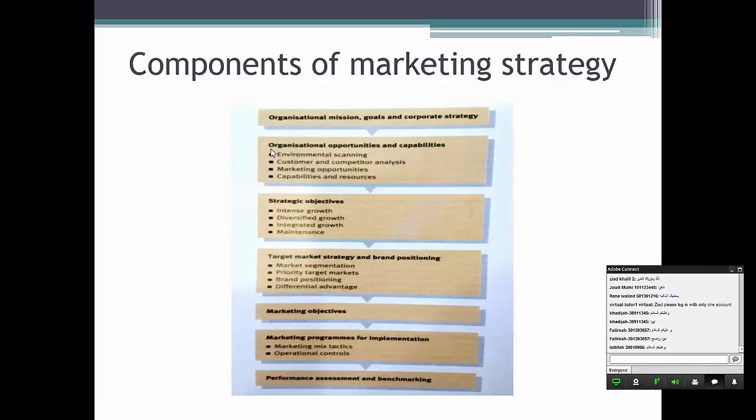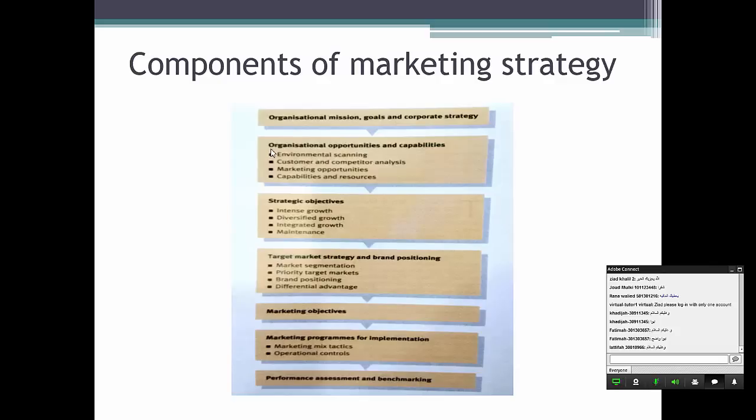The second type of growth is diversified growth. Diversified growth means that if you have some products and you create other products or services, this is also one type of growth that you can use to increase your profitability or your preference in the market.